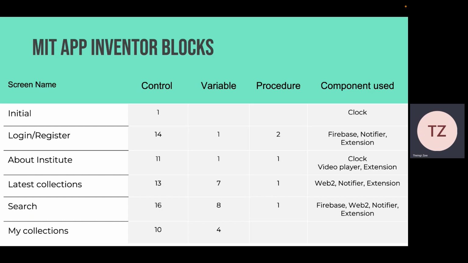Then for the search screen, 16 control structures, 8 variables, and 1 procedure have been utilized, and in this screen, all the great components like Firebase, Web, and the Notifier extension have been utilized. The final screen is my collections, where users see their saved artworks. In this screen, I've utilized 10 control structures and 4 variables.